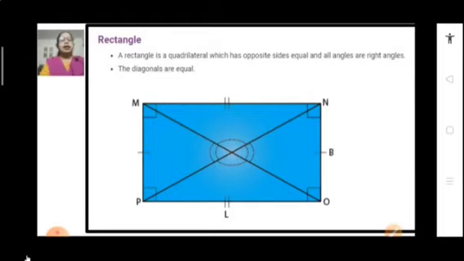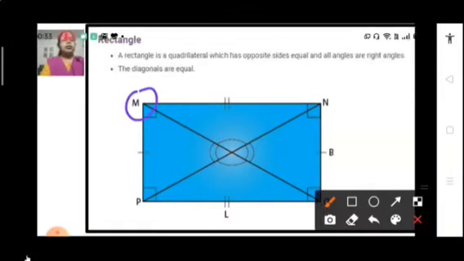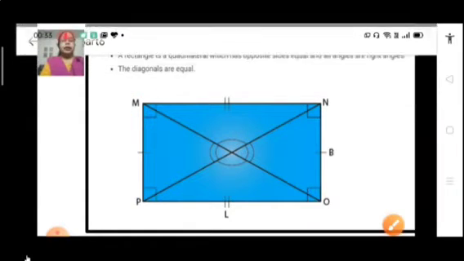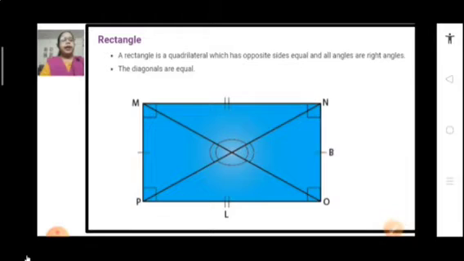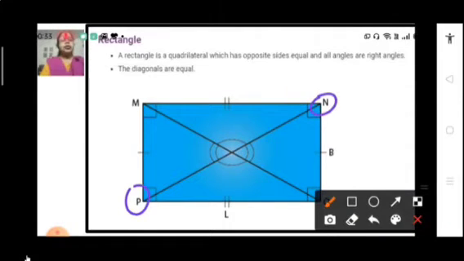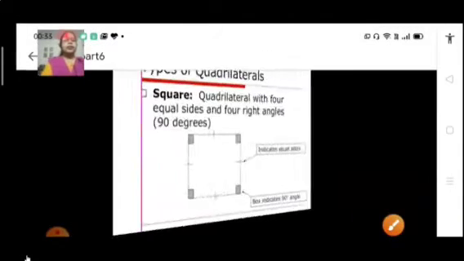The diagonals are lines joining opposite vertices of a quadrilateral. These are the vertices. So MO is a diagonal, and PN is another diagonal. So diagonals of a rectangle are equal.